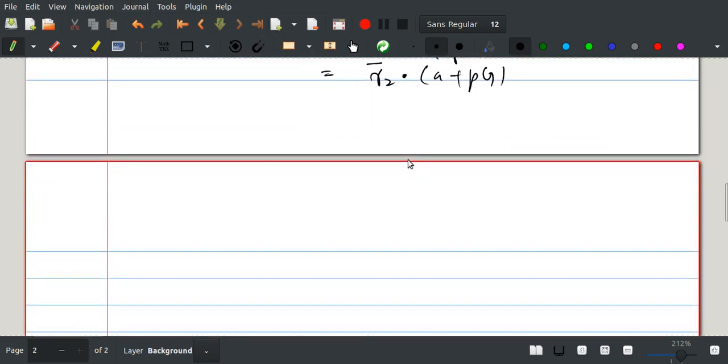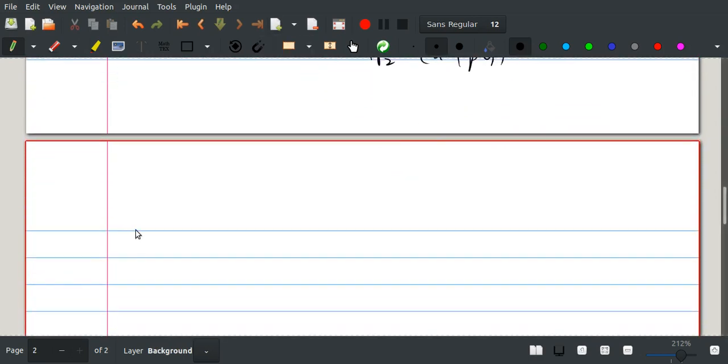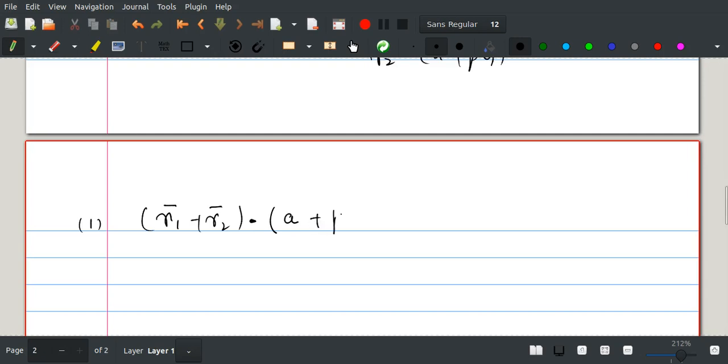Now let us prove the other vector space axioms. So the first axiom is R1 bar plus R2 bar scalar multiplication with some element of G mod PG, say A plus PG.